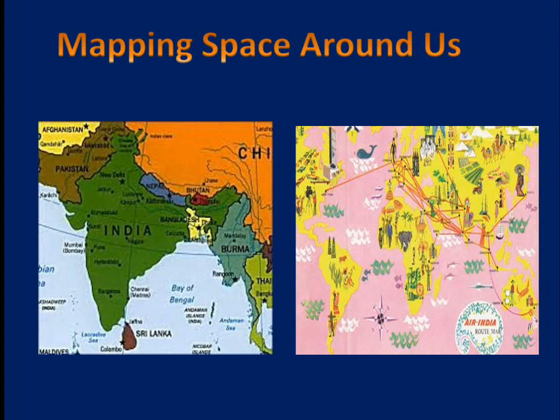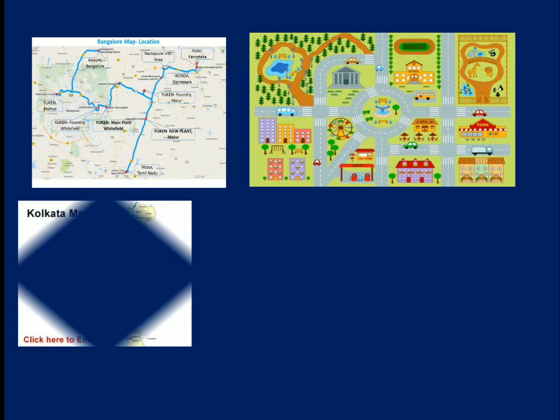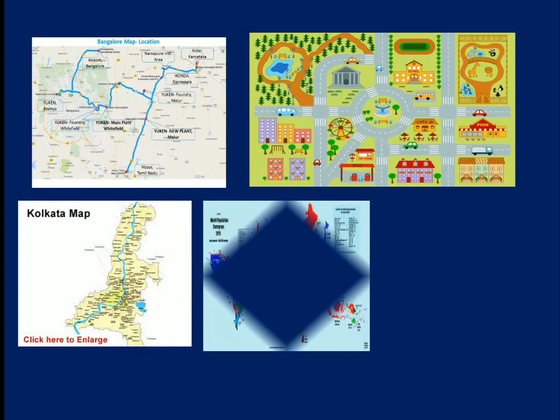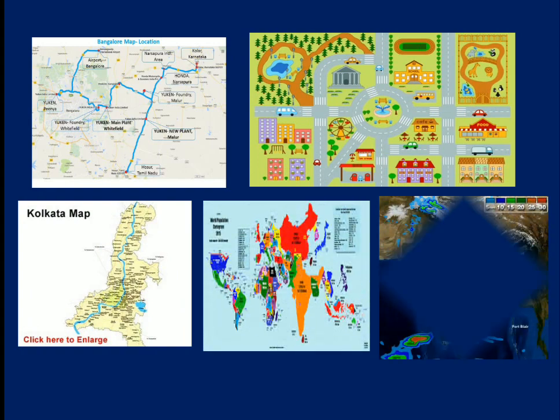You have traced routes of rivers, roads, railway lines, track, and many others. There are different kinds of map, such as route maps, neighborhood maps, city maps, country maps, weather maps, etc.